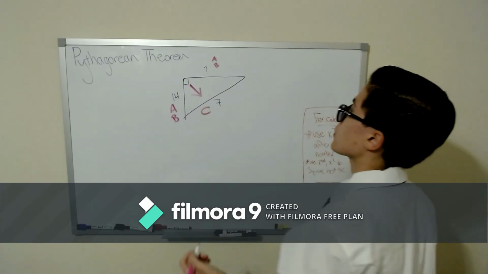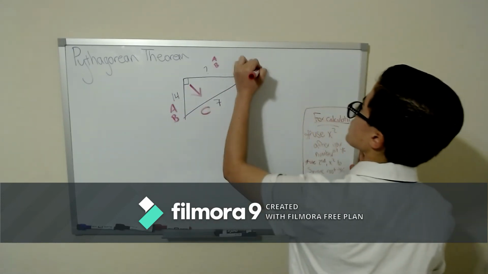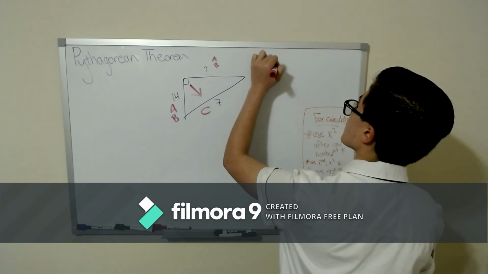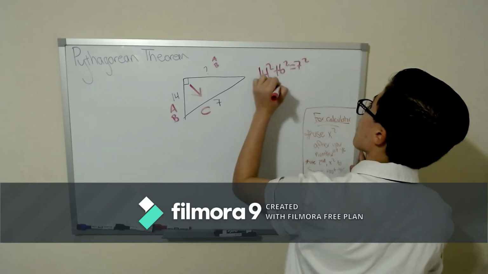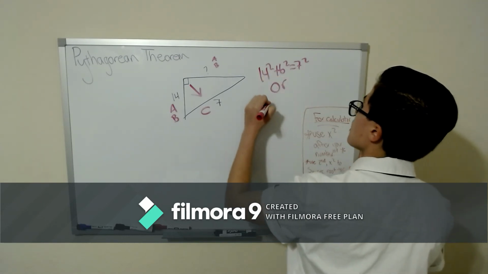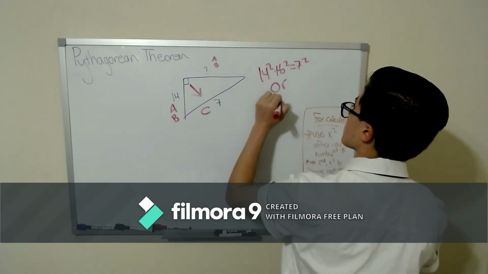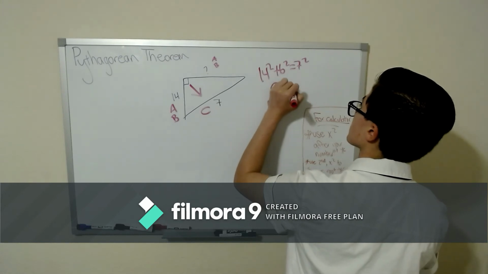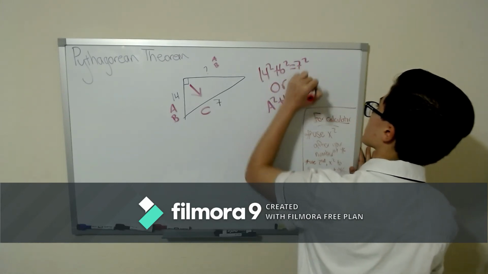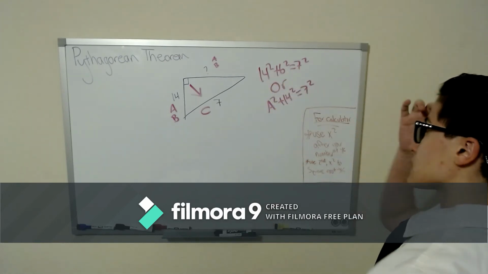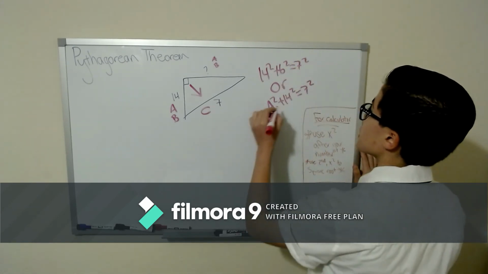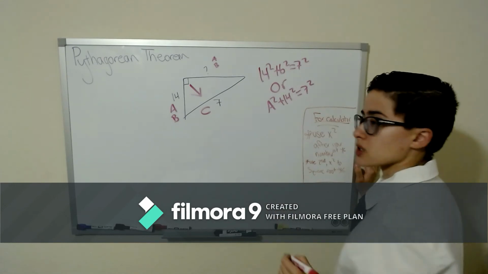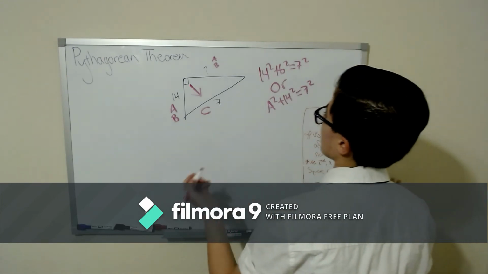So when you write an equation, you can write it as 14 squared plus B squared equals 7 squared, or A squared plus 14 squared equals 7 squared. 7 squared will always be on the right side as it is c, but the 14 can go in either position, depending on how you want to write it.